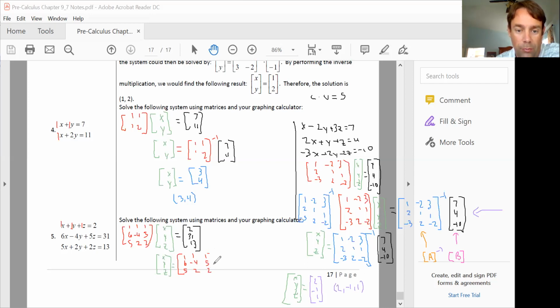All right, so there we can do our inverse matrix of that one. We're going to multiply by the 2, 31, and 13. That will bring us our final answer, X, Y, Z.